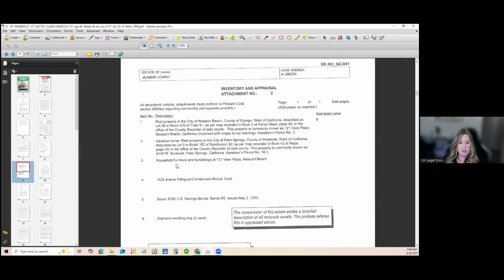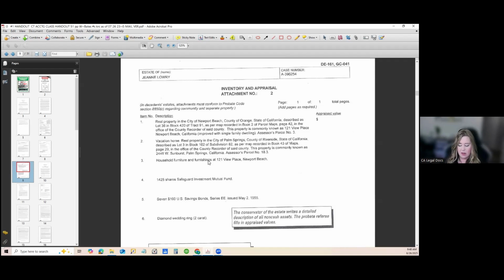I will list those items separately on their own because I really want the probate referee to give that a specific value because I feel it's much more than your everyday used furniture that might be in your living room or something like that.